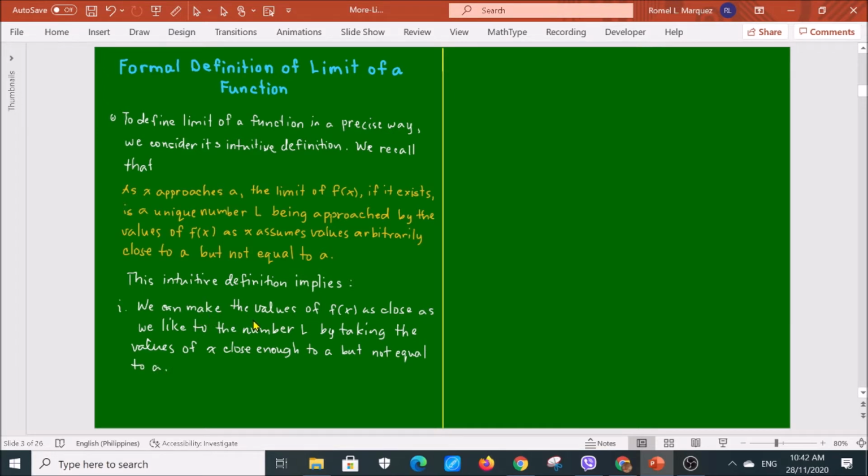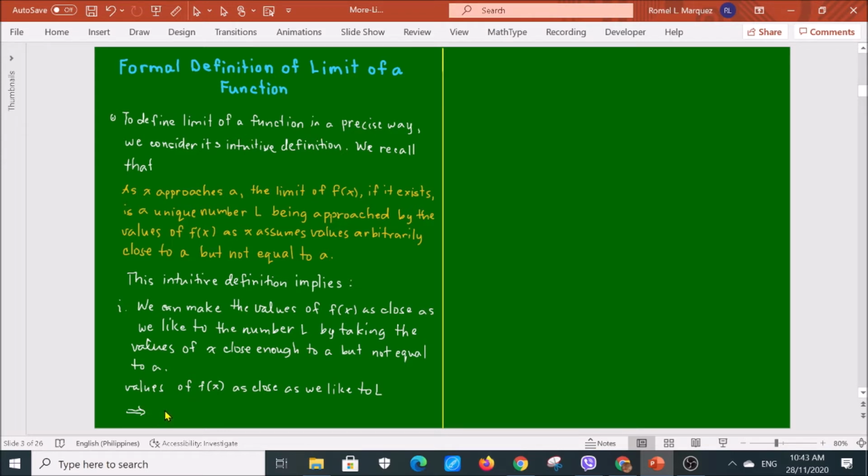This line, the values of f of x as close as you like to L, what does it mean? Values of f of x as close as we like to L means, so what is the other way of saying that?